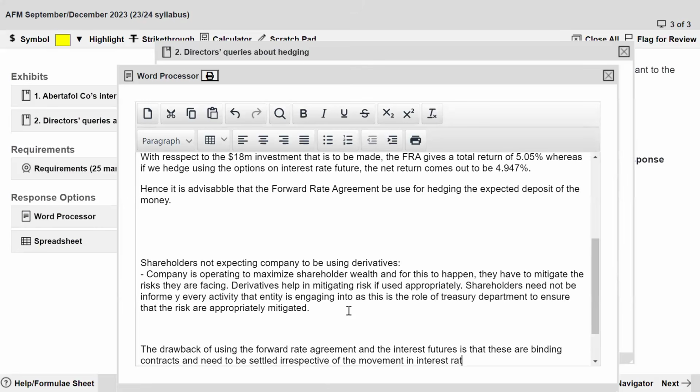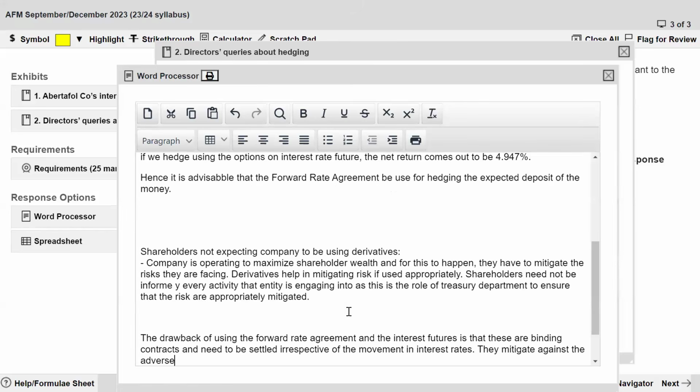They mitigate against the adverse movement, but at the same time restrict the benefit of favorable movement. So yes, there is a drawback. Yes, there is a problem. Yes, there is an issue.